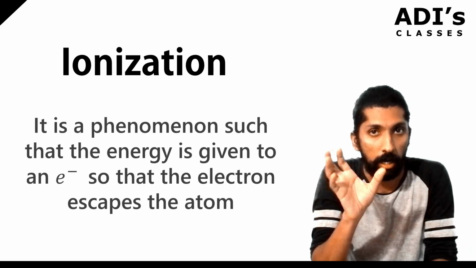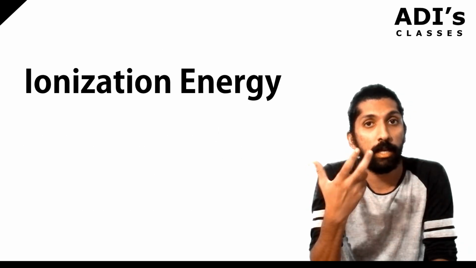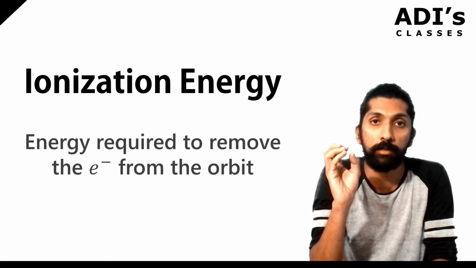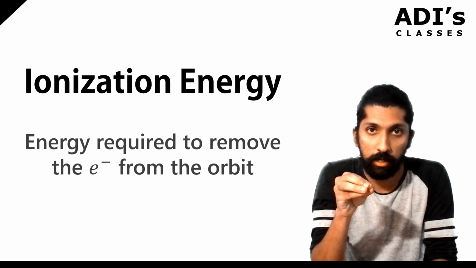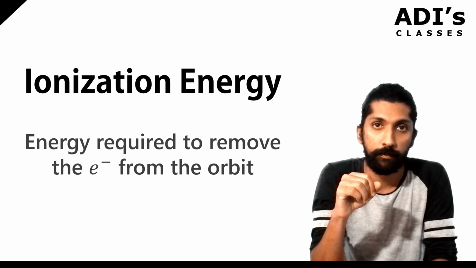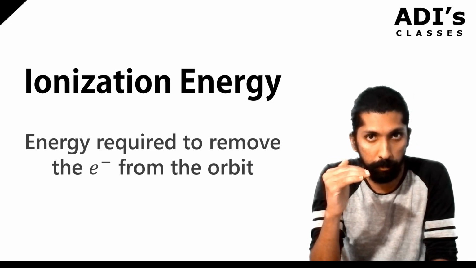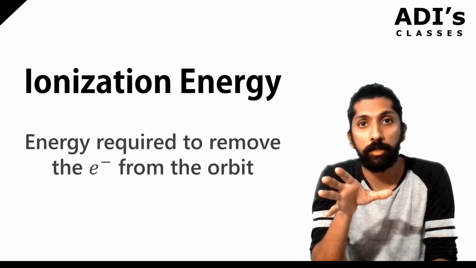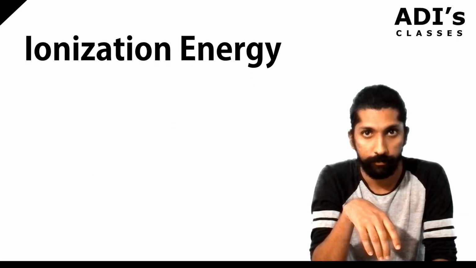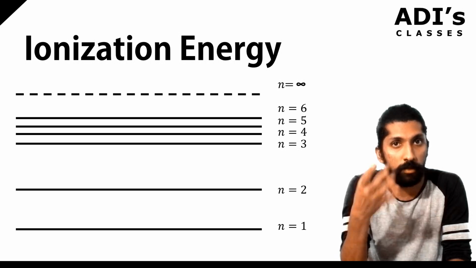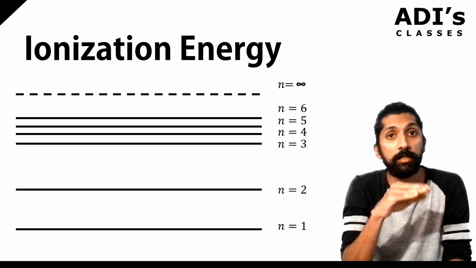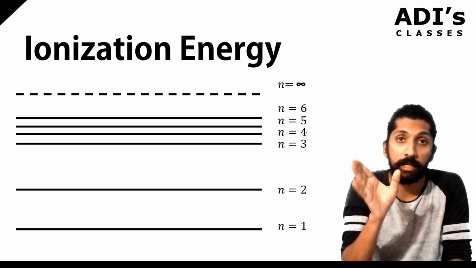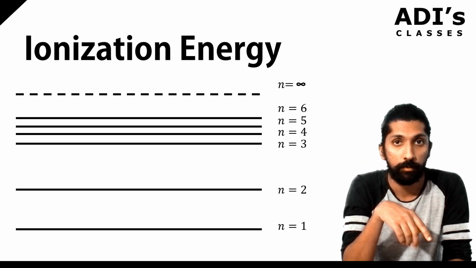Now for ionization, again we have ionization energy, meaning how much energy we have to give to the particular electron so that it just jumps out of the orbit. If it is jumping out of the orbit, it is going away from the influence of the nucleus, isn't it? So it has reached the state of n equal to infinity, where it has an energy of 0.